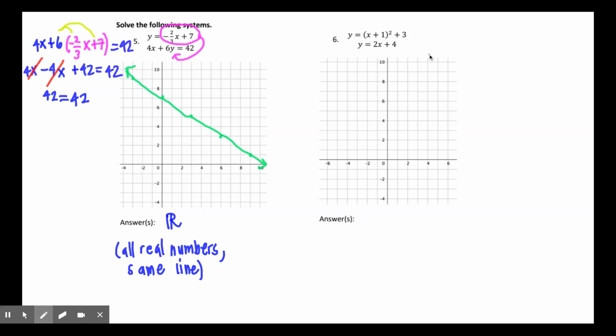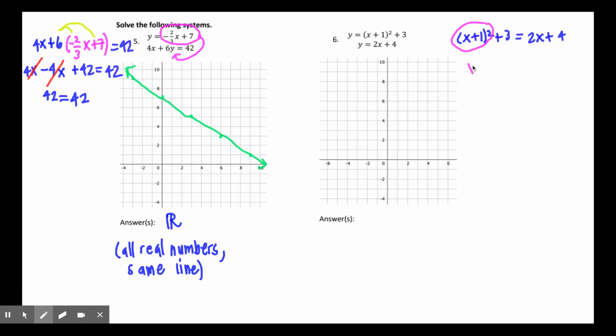So this one, they're both equal to y, so I would set them equal to each other to solve for x. So then you have (x plus 1) squared plus 3 equals 2x plus 4. Okay, and then you want to expand this using an area model.